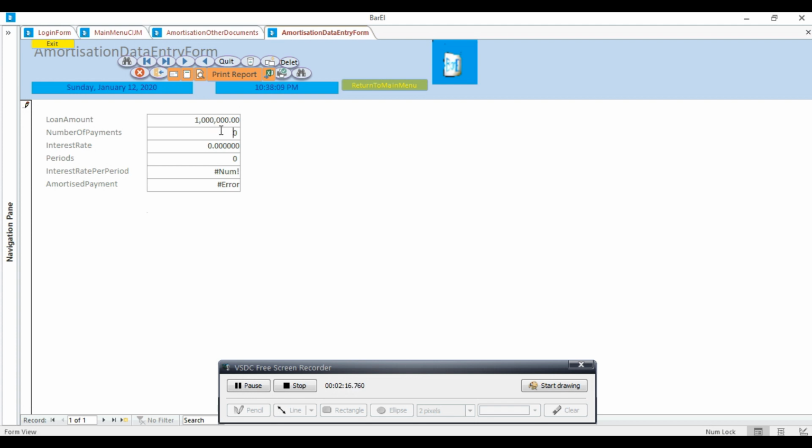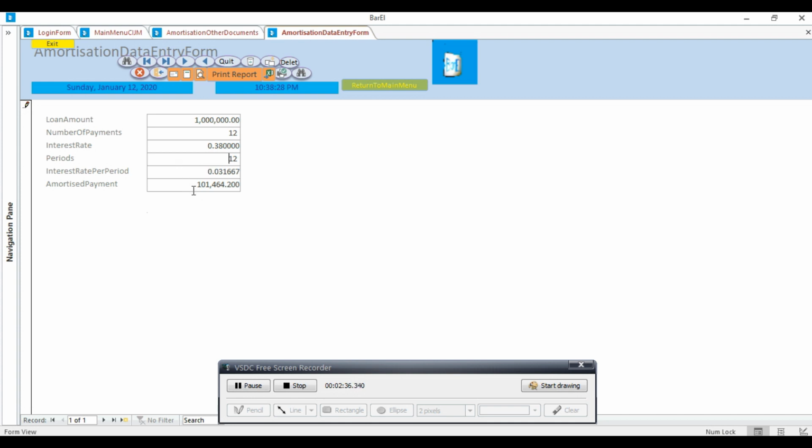Number of payments is 12. Interest rate is 38. Periods is 12.